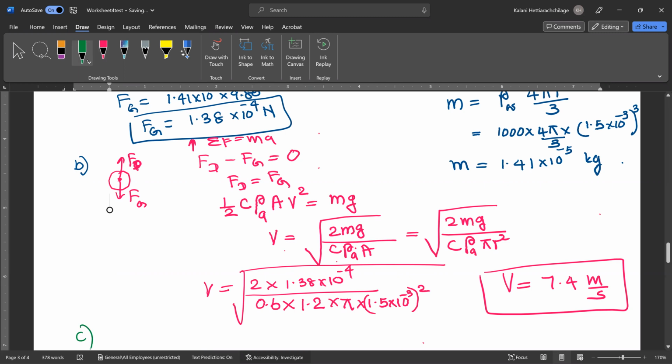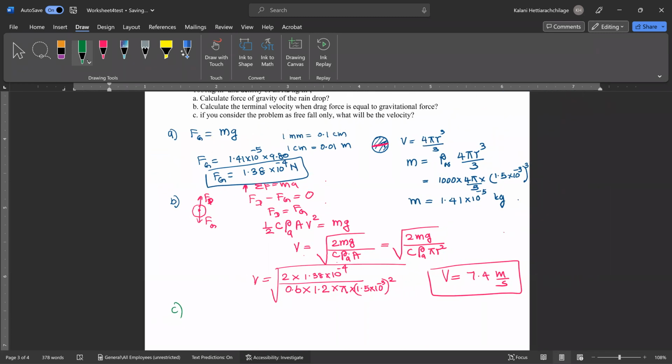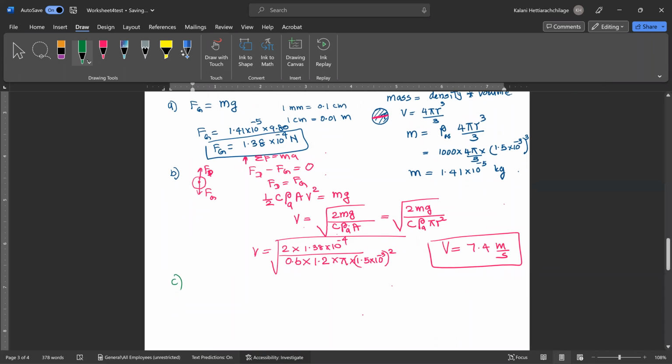Okay, so now we're going to move into part C. If you consider the problem as free fall only, what will be the velocity? So now, if it is free fall, we know that this raindrop keeps dropping in the downward direction, and now the raindrop is sitting at height y initial, which is going to be 0.